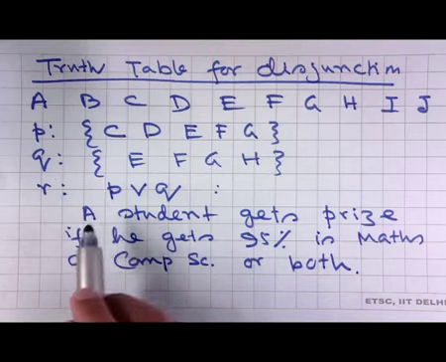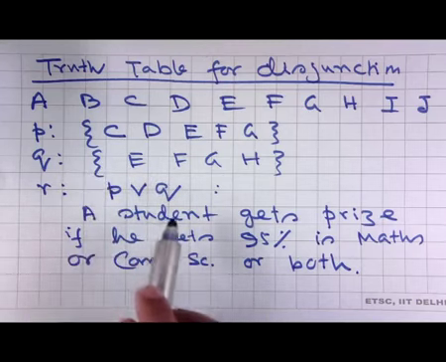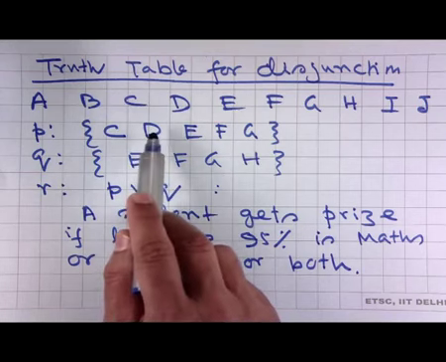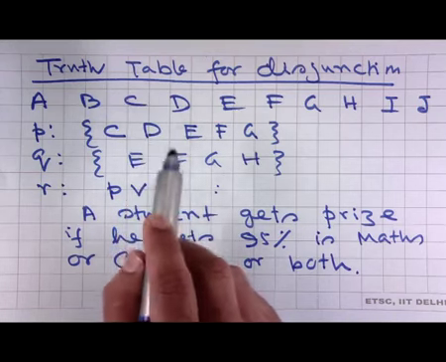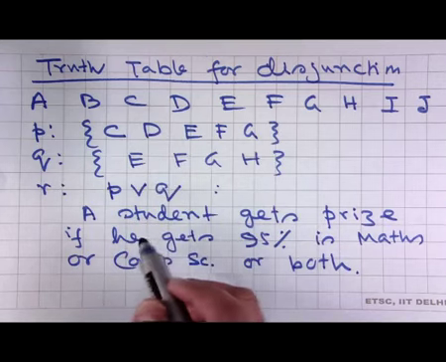So, a student can get a prize if he gets 95% in any one of maths and computer science, or if he gets 95% in both of them.